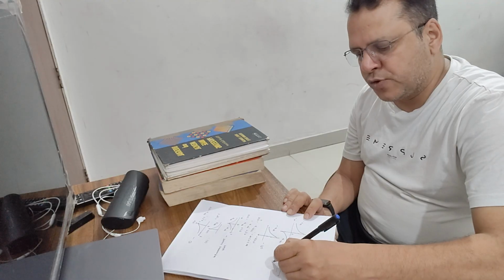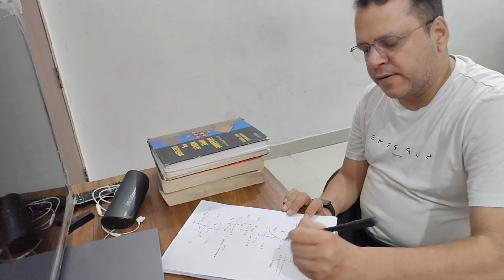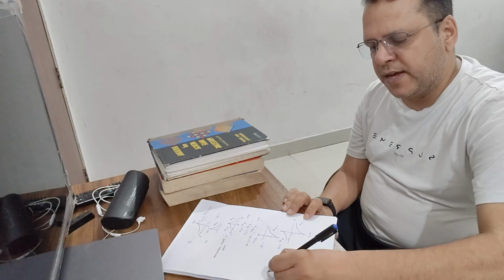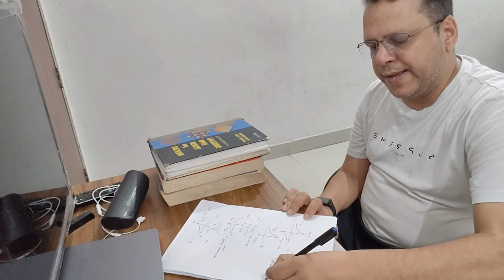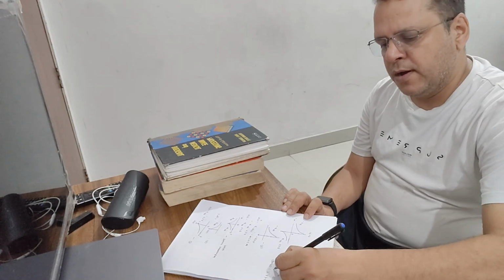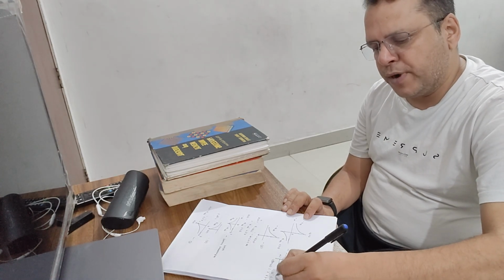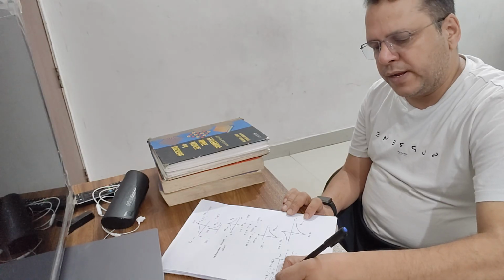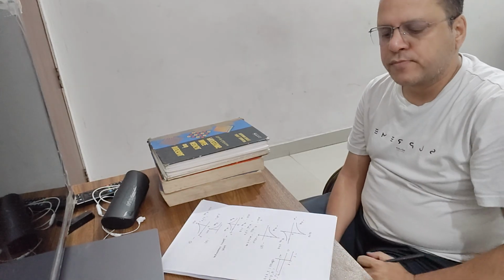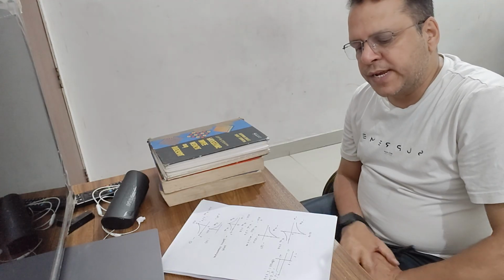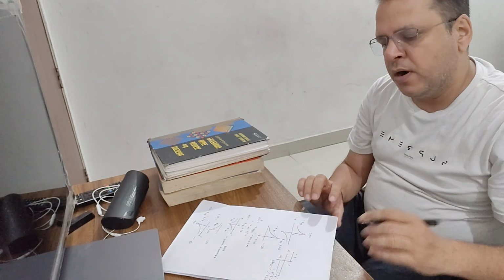So this function is known as signum function, and this is given as 1 for t greater than 0, equal to 0 at t equal to 0, and equal to minus 1 for t less than 0. So signum function can be defined as 1 for t greater than 0, 0 at t equal to 0, and minus 1 for t less than 0.